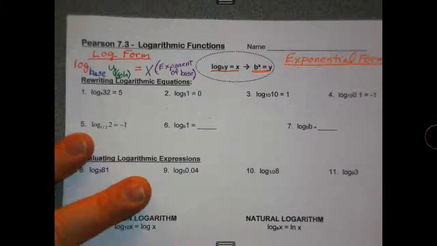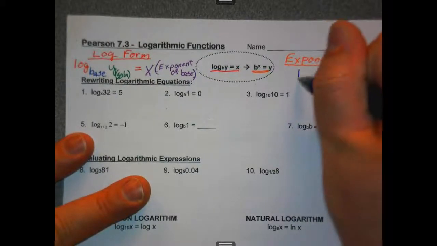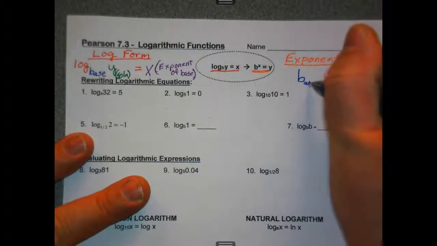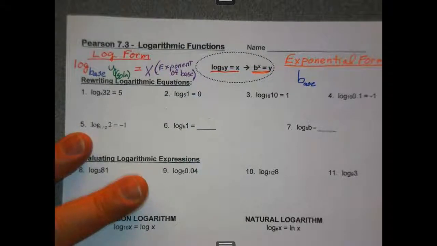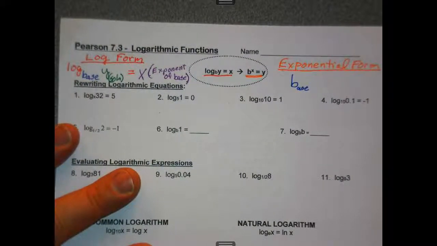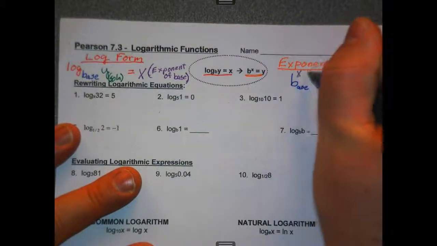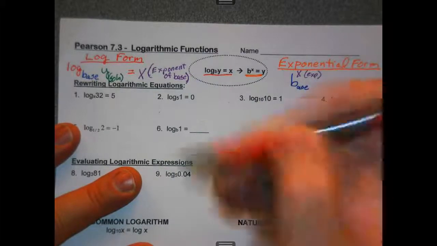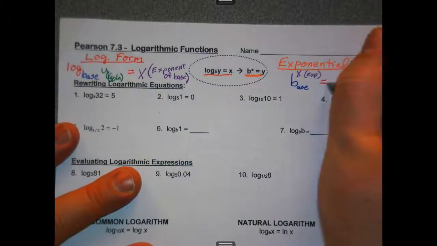Well, we have our base B, and you guys should know this, right? Exponents. B to the x is our exponent, and that equals our y, or our solution, right?